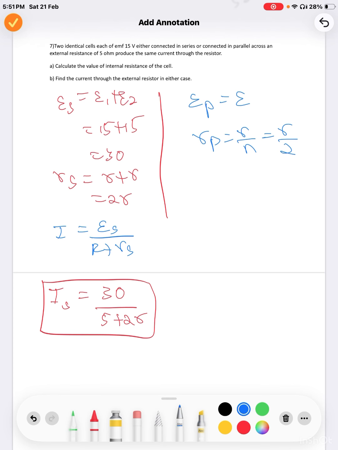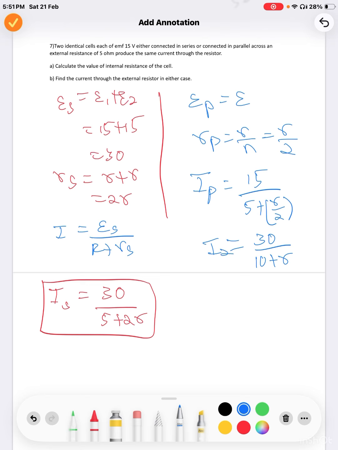And in the parallel combination, IP equal to 15 by external resistance 5 plus R by 2. If you simplify this, 2 goes to numerator, become 30 by 10 plus R.